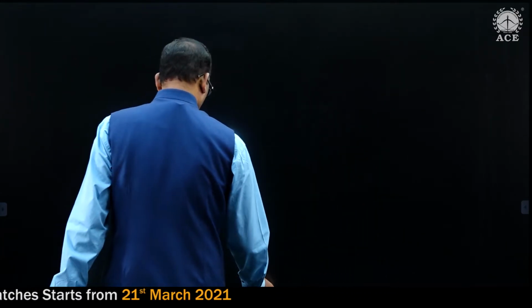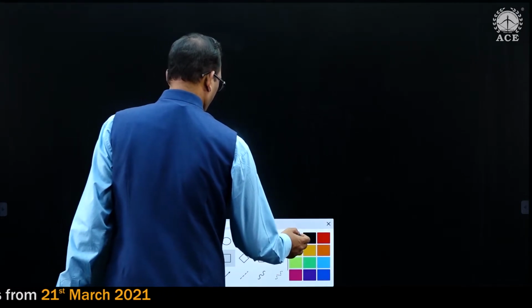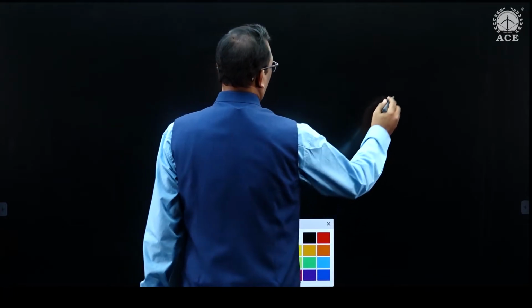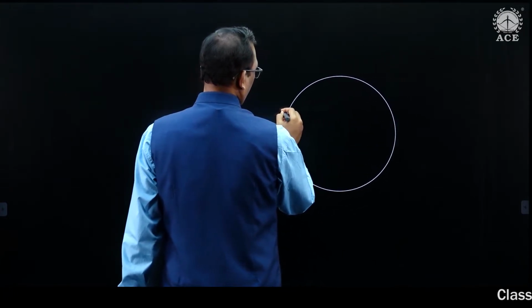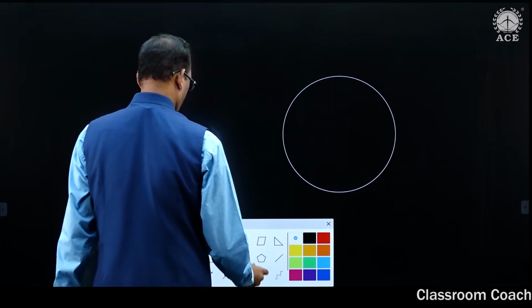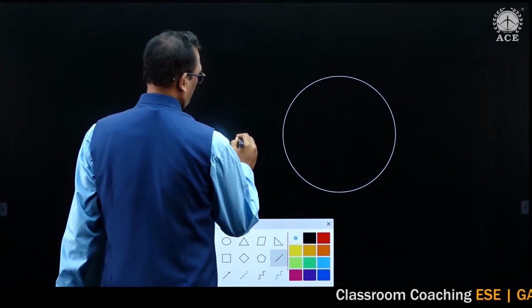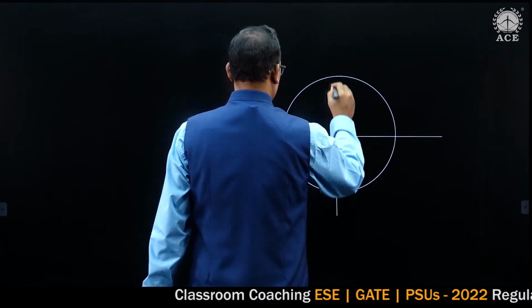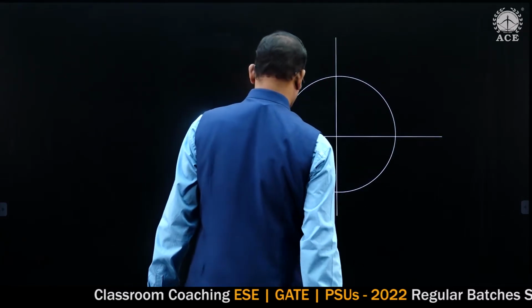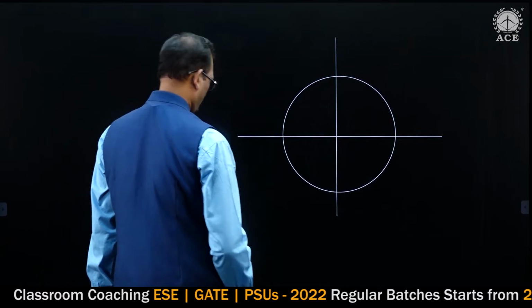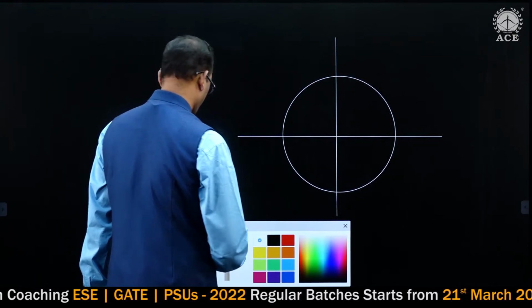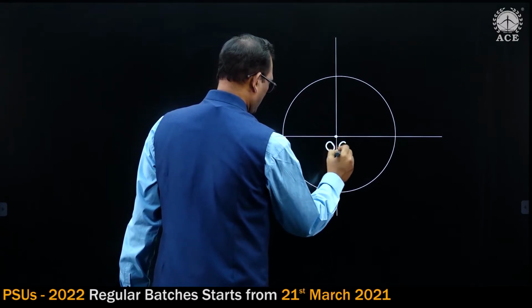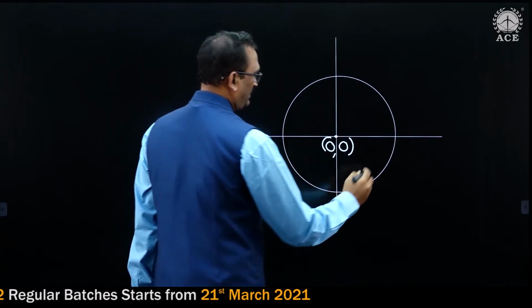Center of the circle at 0 comma 0 and radius is 1.